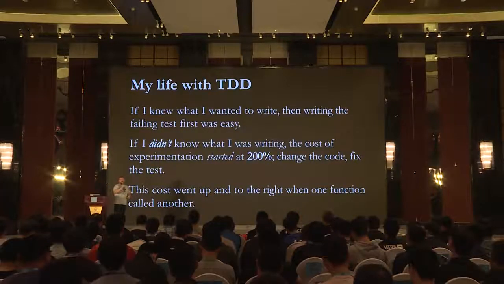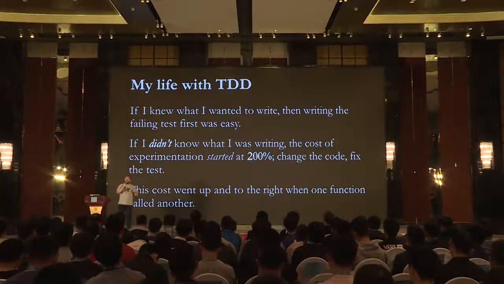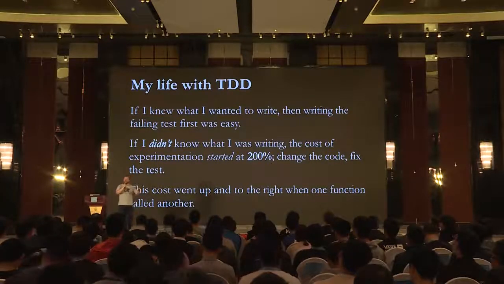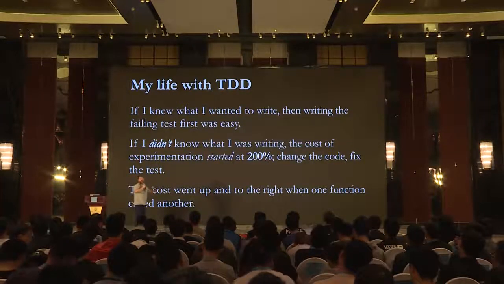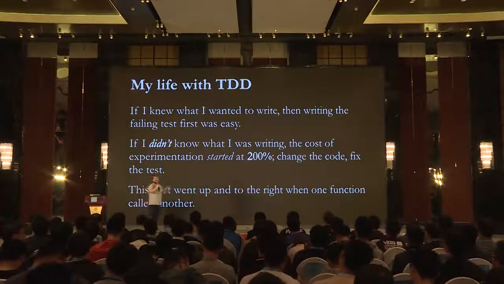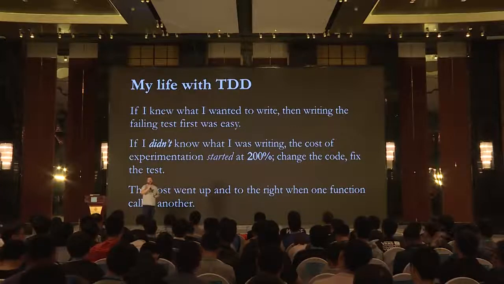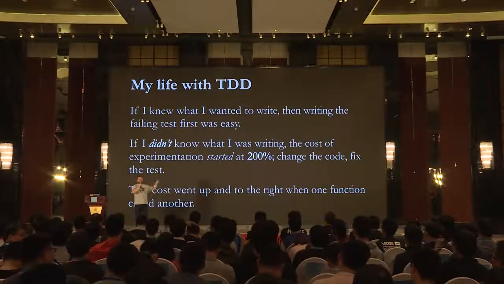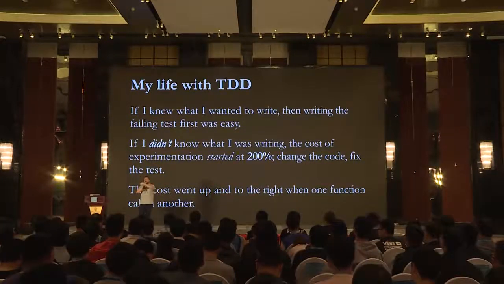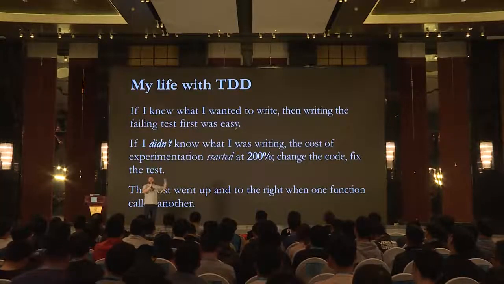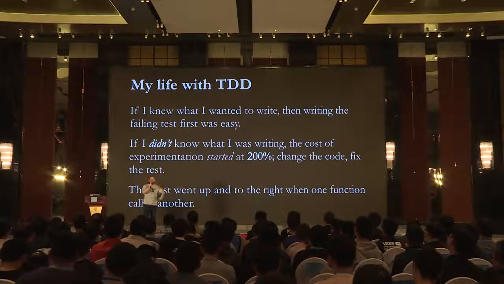The problem was when I didn't know what I was doing, when I was using code to explore the problem, when I was writing code to do a spike or explore the problem space. TDD is really expensive. If I make a mistake and I need to backtrack and go in another direction, I need to change the tests to undo what I did, and then change the code to follow the tests.